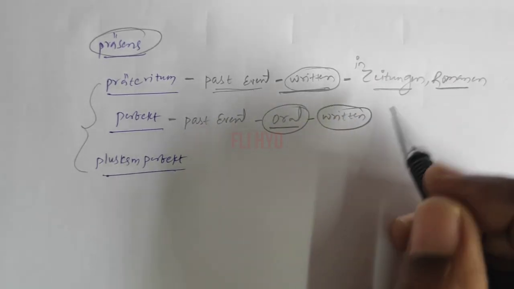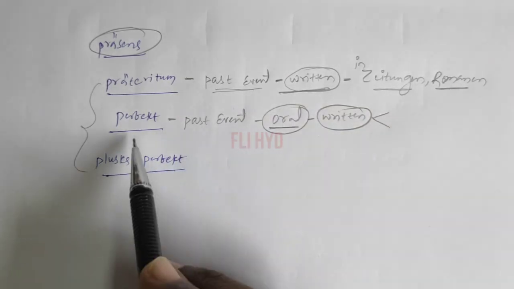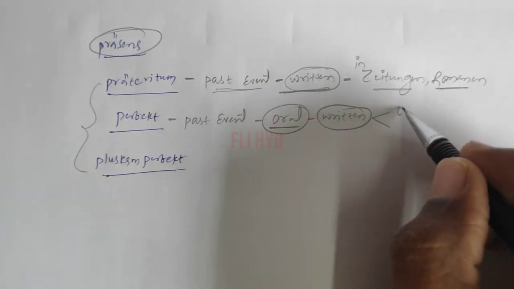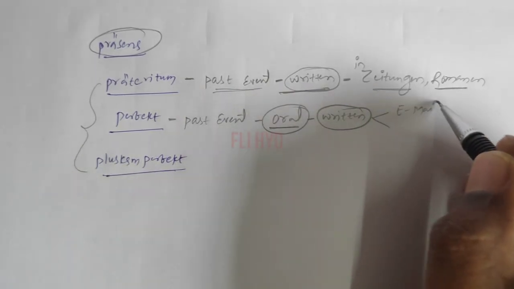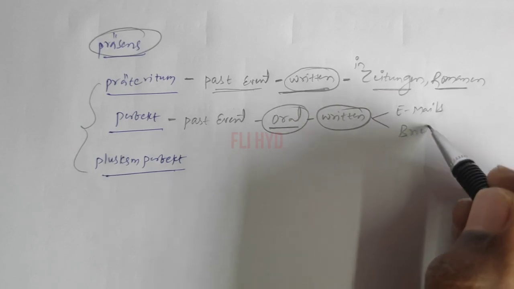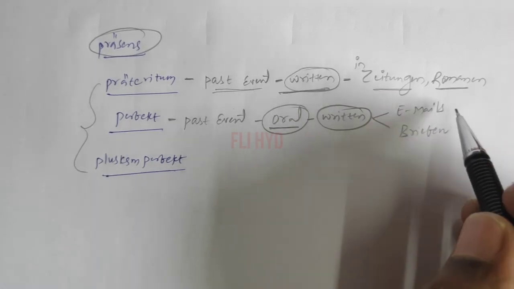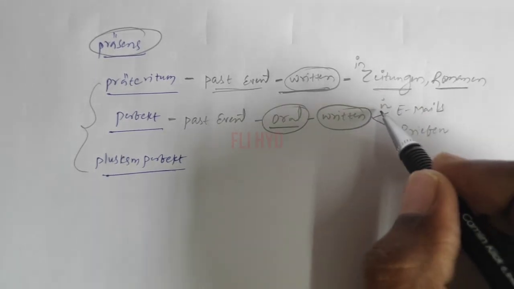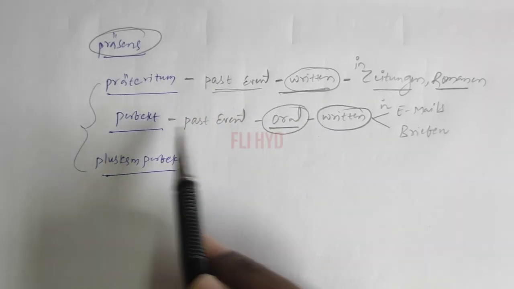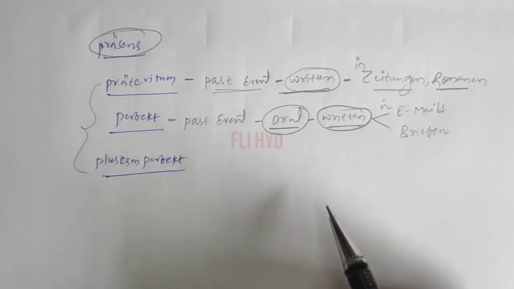Then where do we use the perfect, especially in emails and in letters, Brief? In emails or in Brief, we use the present perfect, but that is in the written part. Clear?